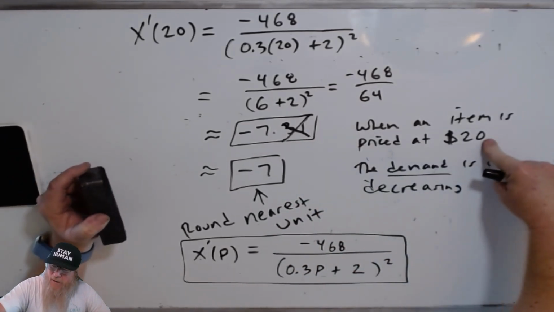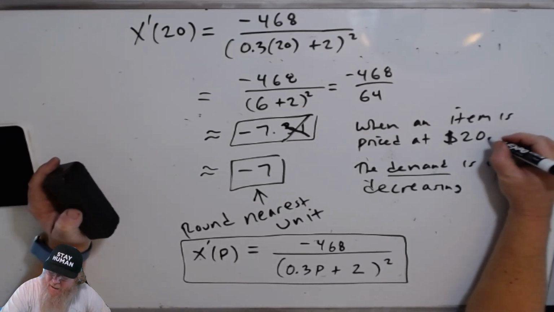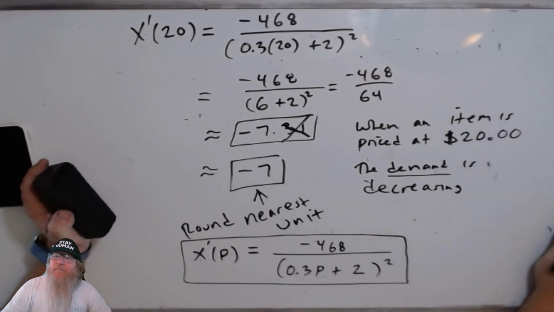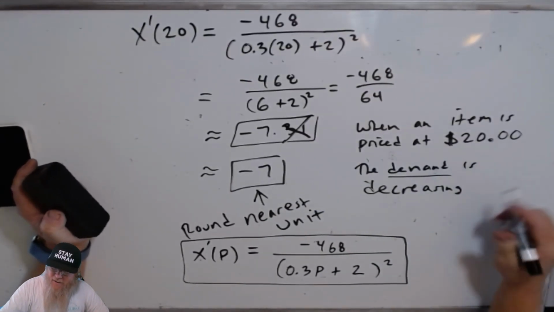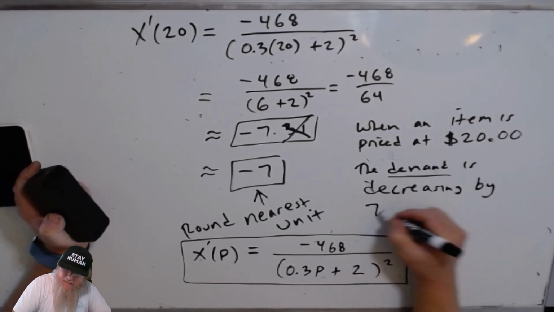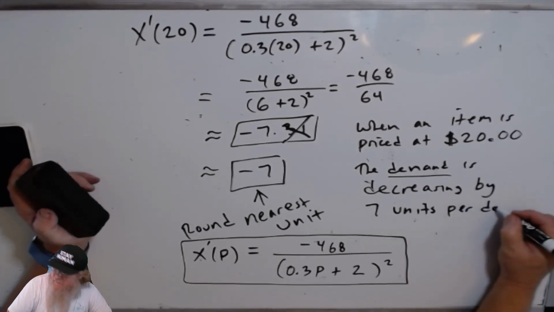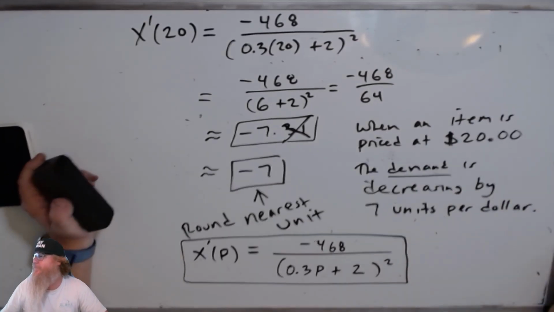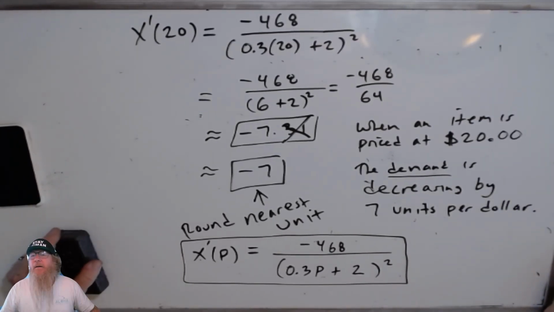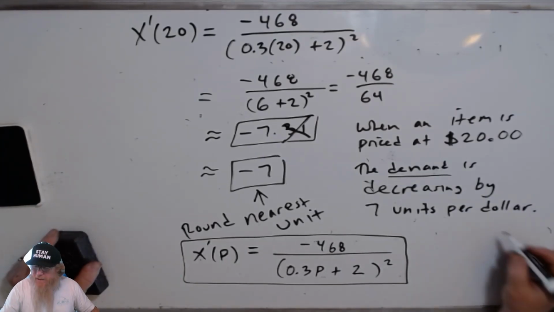But I realized the price of the item is $20, right? There's the dollars and cents. The demand is decreasing by 7 units per dollar. Units per dollar.